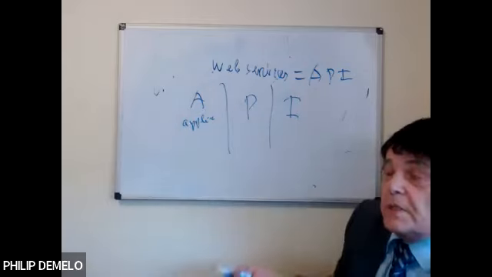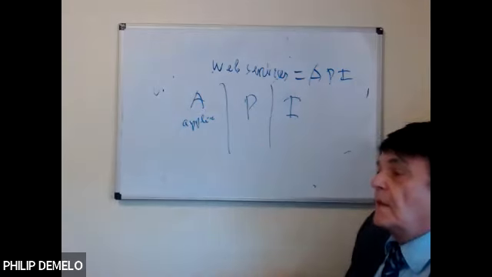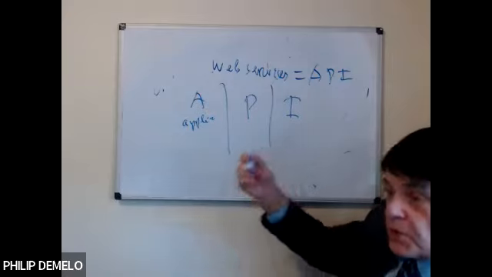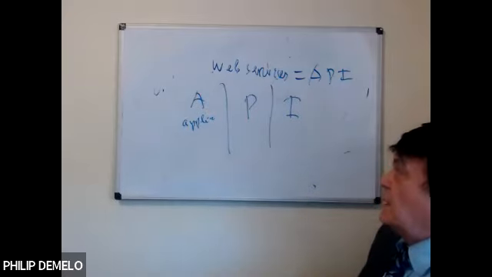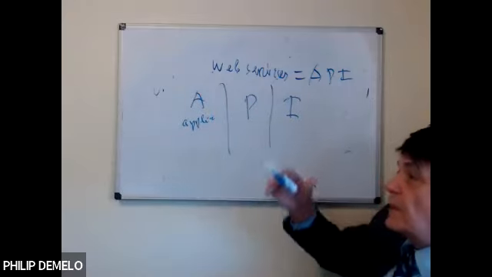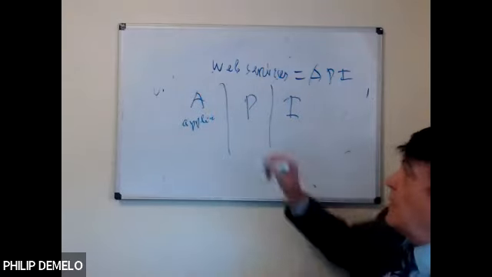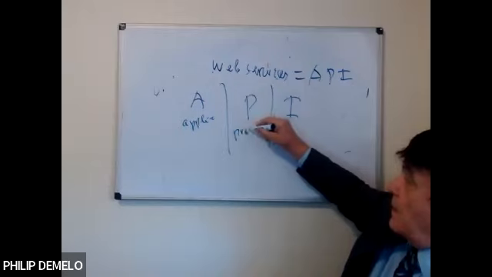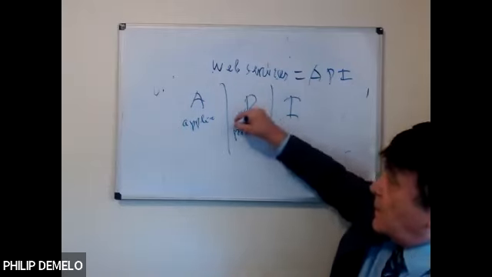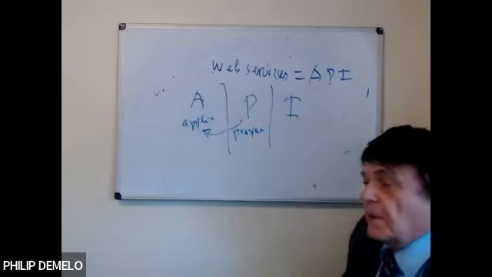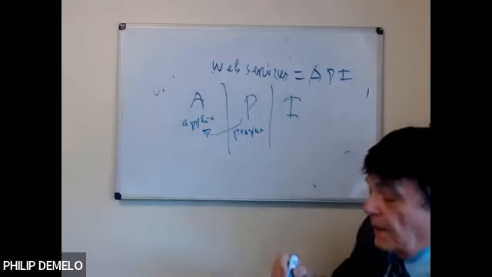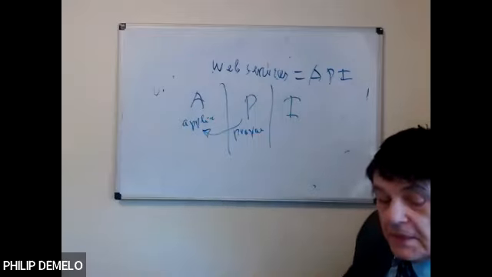It can be, for instance, software that will search for me the word virus, information related to virus. P is program that will run this application. And I is interface.